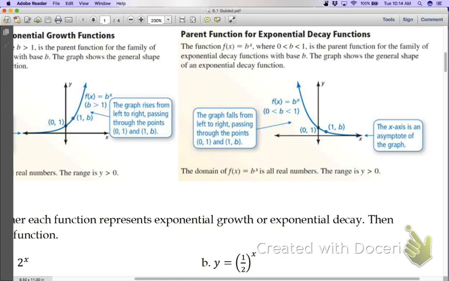Where in this case, whenever you have a base that is between 0 and 1, what's a fancy way of saying that it's between 0 and 1?